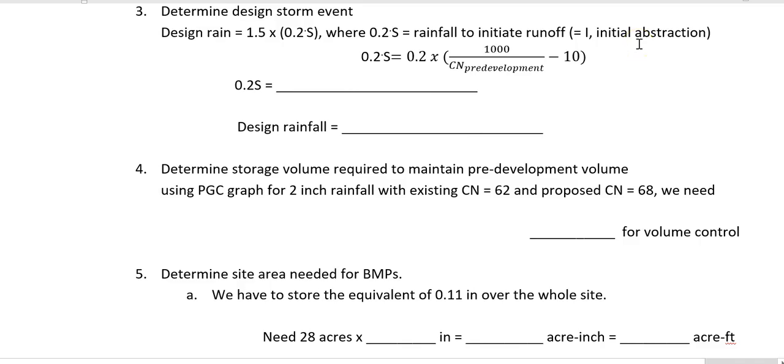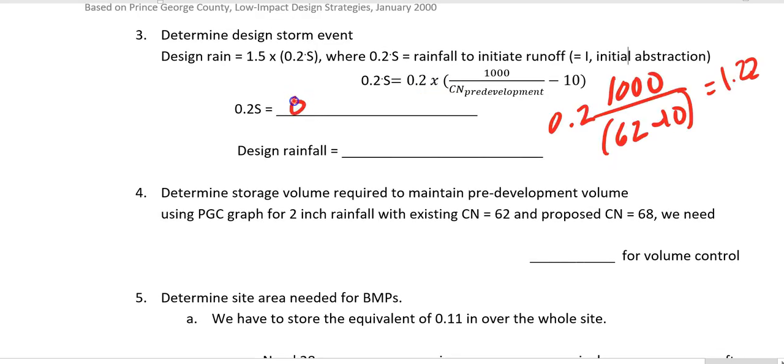Initial abstraction is 0.2 times S, 0.2 times 1,000 over 62 minus 10, and that turns out to be 1.22 inches. So we're going to design our system to handle 1.22 inches.